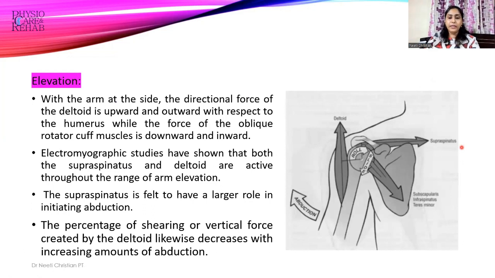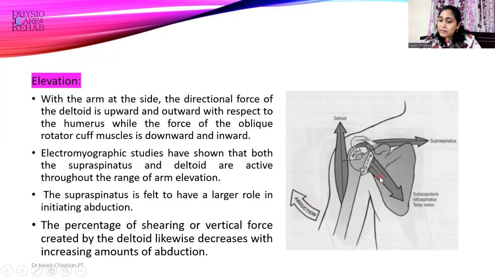I would like to explain this properly. In this image, when you start doing abduction, the deltoid tends to translate the head of the humerus superiorly. The supraspinatus muscle tends to rotate, or initiate, the abduction movement. At the same time, when the deltoid is translating the head of the humerus superiorly, we have the force couples: infraspinatus, teres minor, and subscapularis.